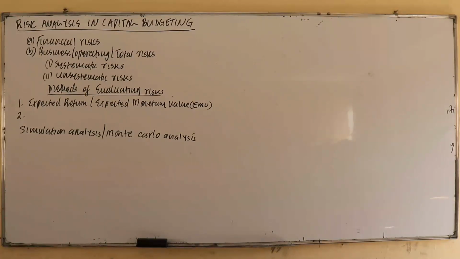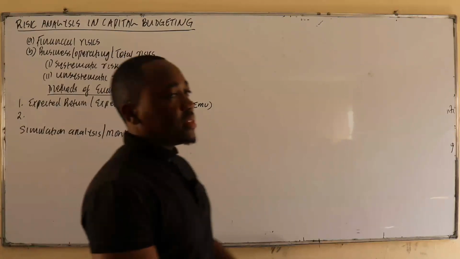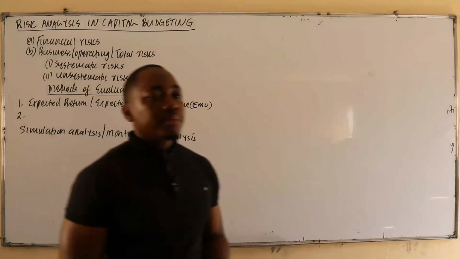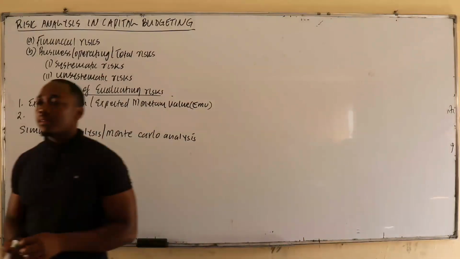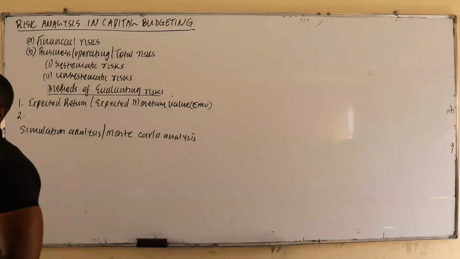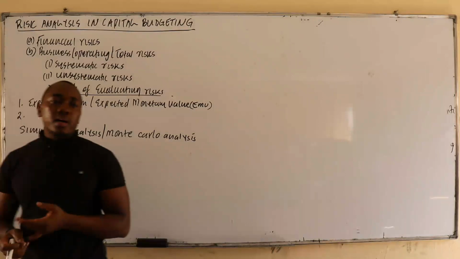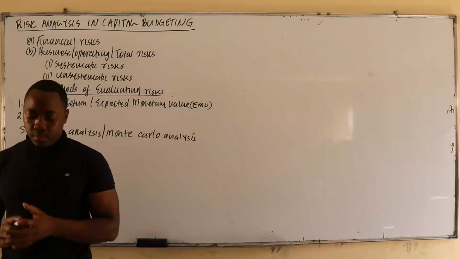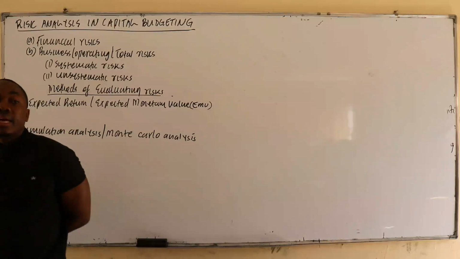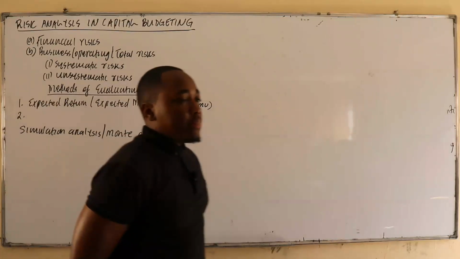Another one, decision tree analysis. Another one, sensitivity analysis. Another one, payback period. Another one, beta method.